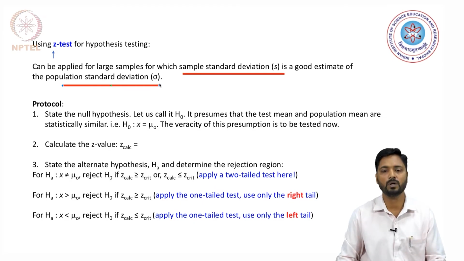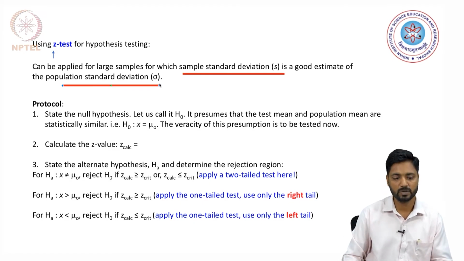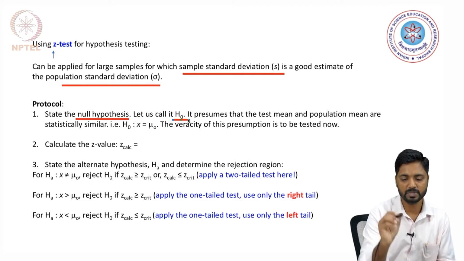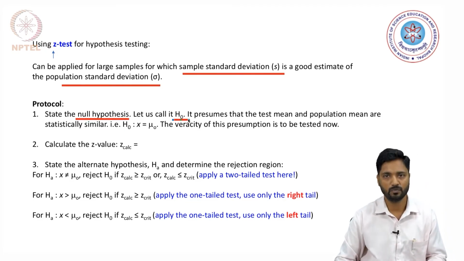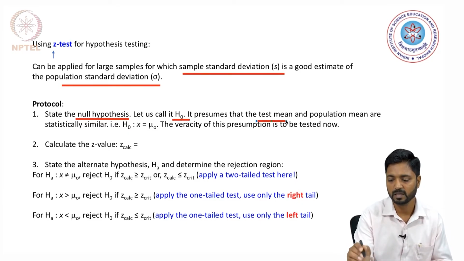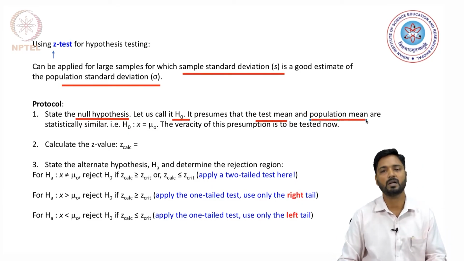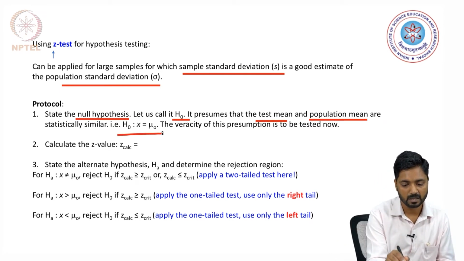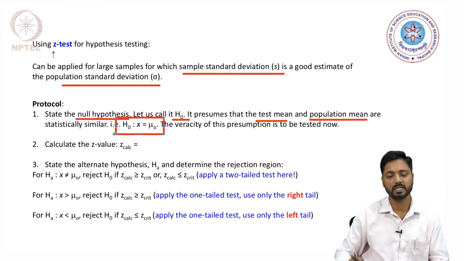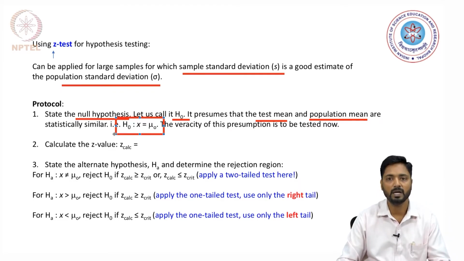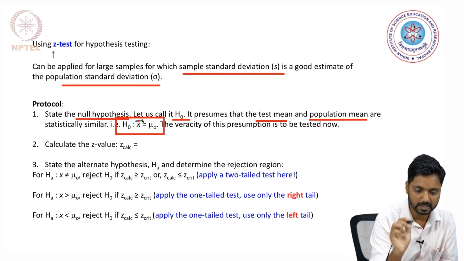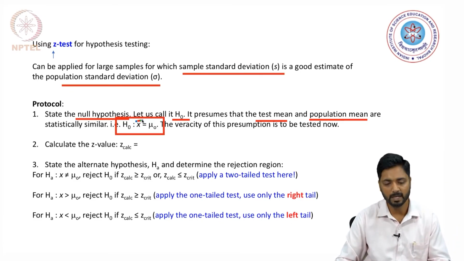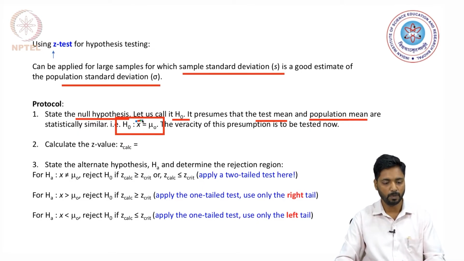And the protocol for applying the z test is that we first state the null hypothesis, and null hypothesis is represented by H naught, and of course it presumes that the test mean and the population mean are statistically similar, and this is mathematically written as what I have indicated in the box. H naught: x bar is equal to mu naught. X bar is the sample mean and mu naught is the population mean.